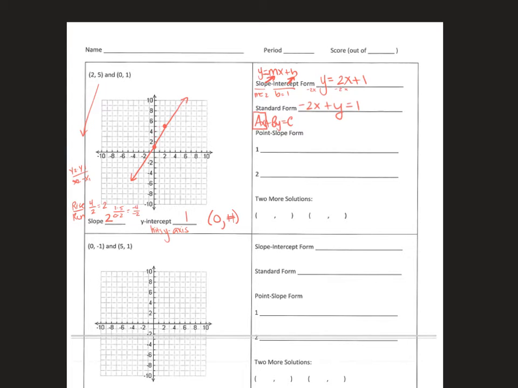So that's in the front of the equation, but then also it can't be negative. So that means that I'm going to change all of these signs or multiply everything by a negative. So my actual standard form becomes 2x minus y equals negative 1.